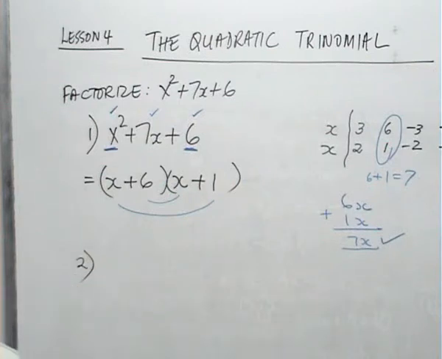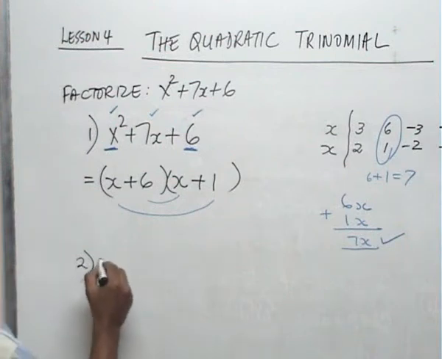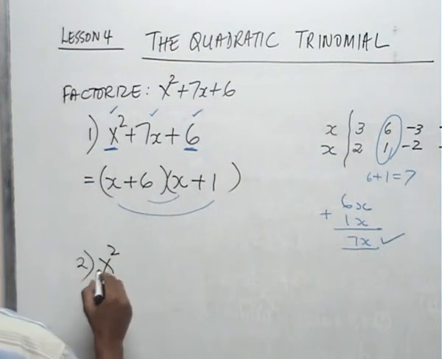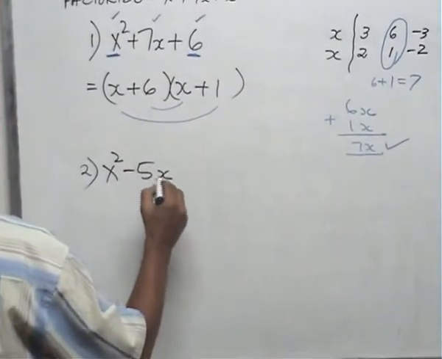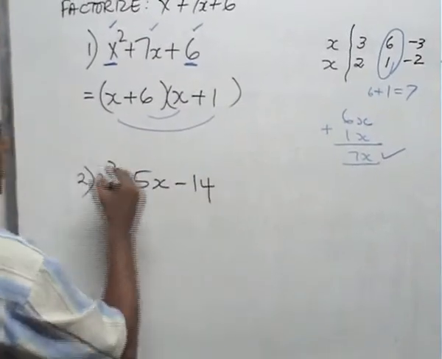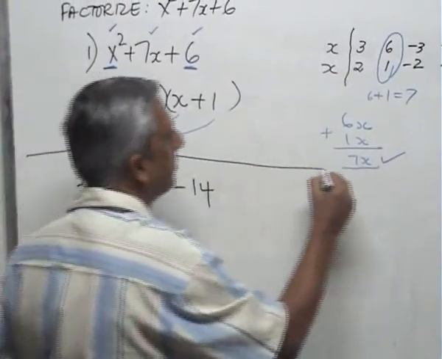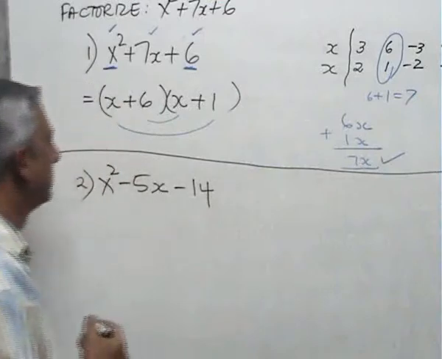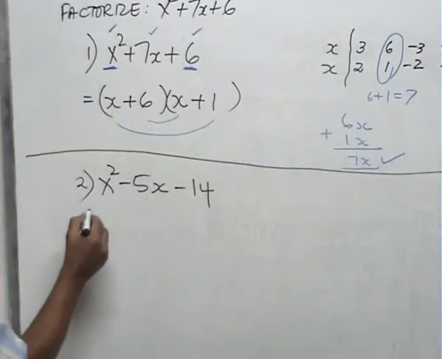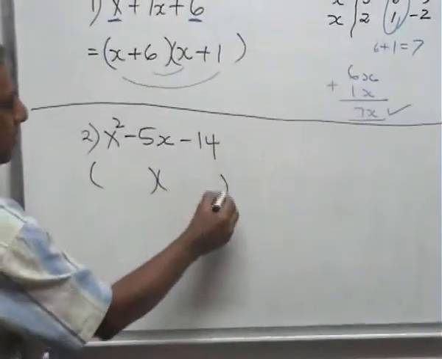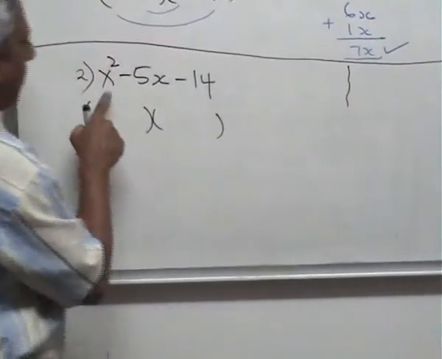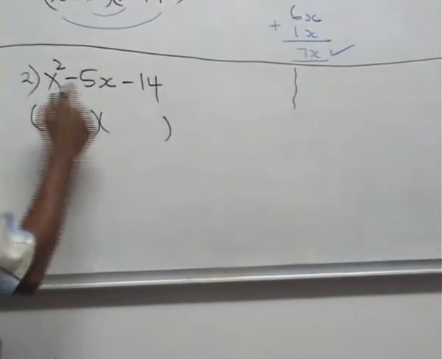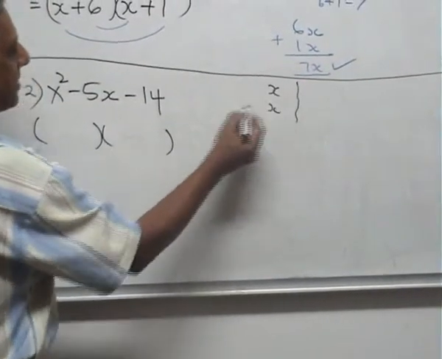Suppose the example is x squared minus 5x minus 14. Now you've got to be careful. We've got a minus sign here, but it doesn't matter, right? We know it's going to be 2 brackets. Then we ask ourselves, what times what gives us x squared? Well, x times x.